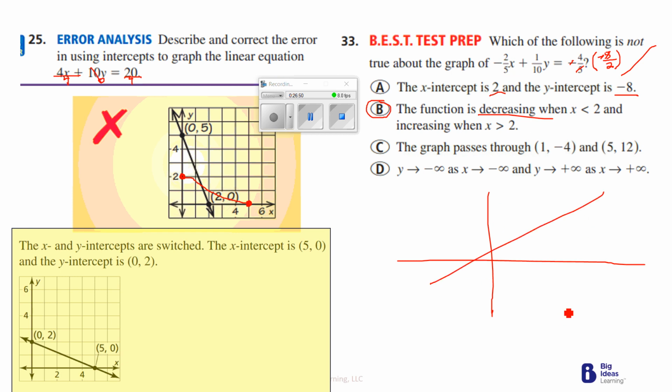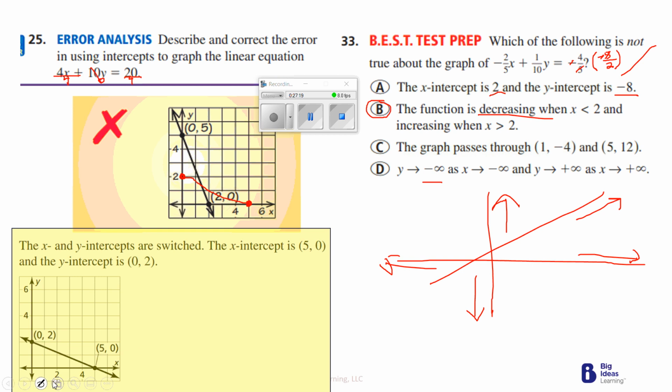So this is going up all the time. If this is true, think about it. As x goes to negative infinity, y goes to negative infinity, and y goes to positive infinity as x goes to positive infinity, right? So there you go. B is the only one that's incorrect, so I'm going with B.